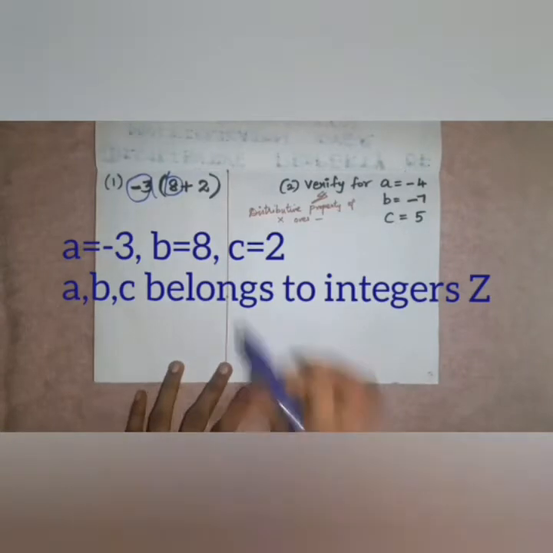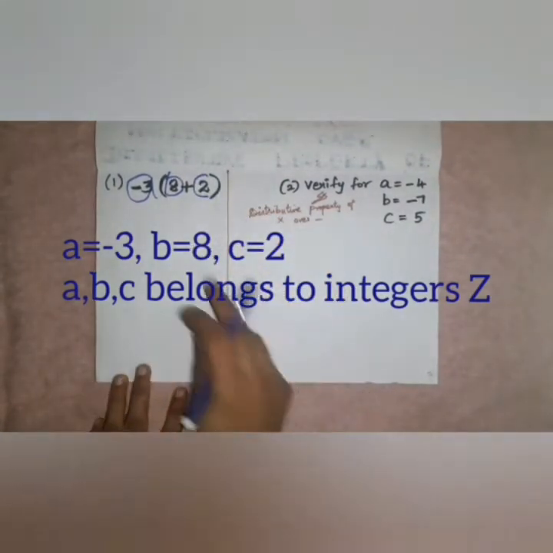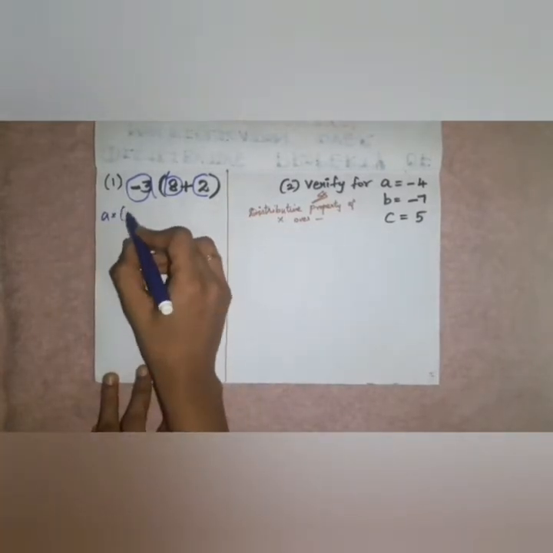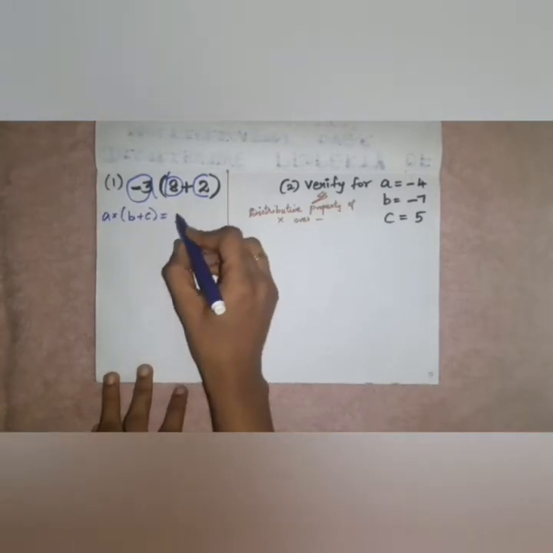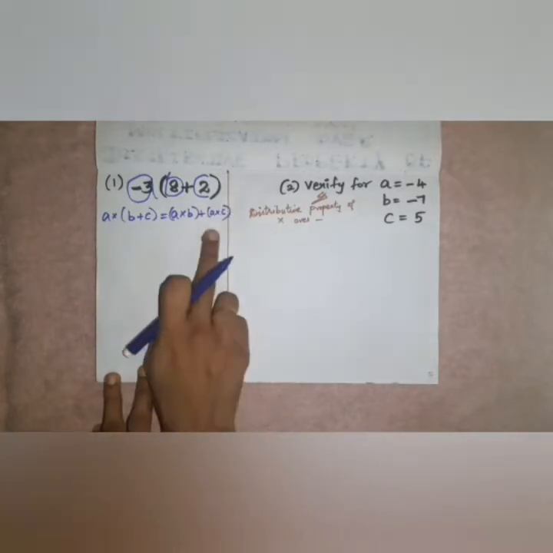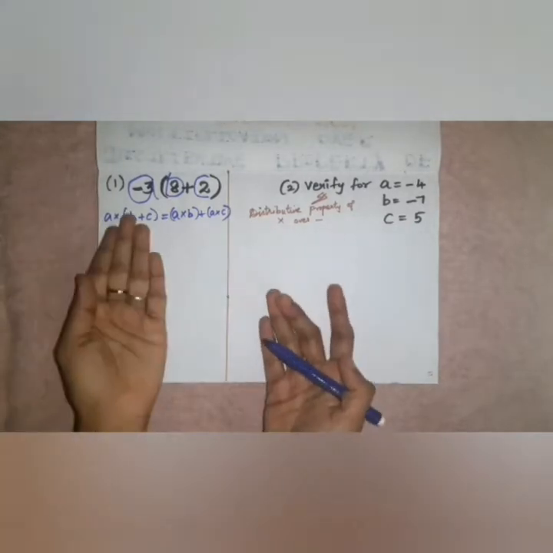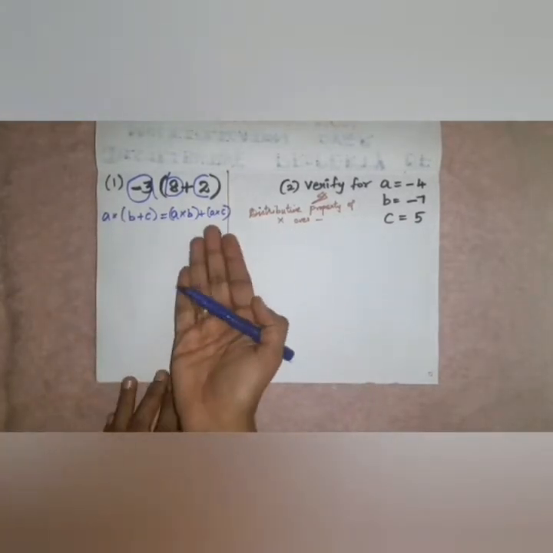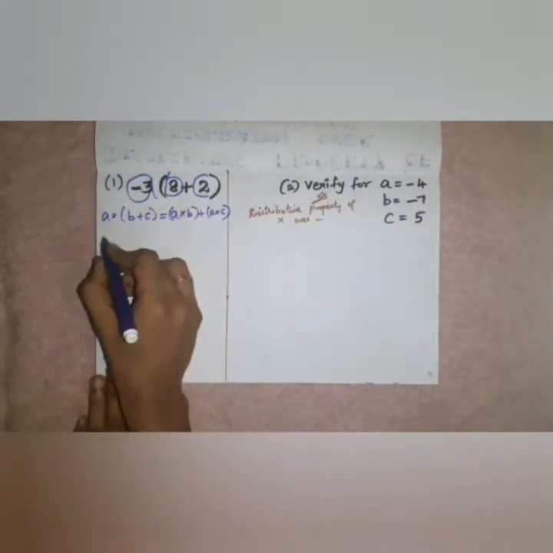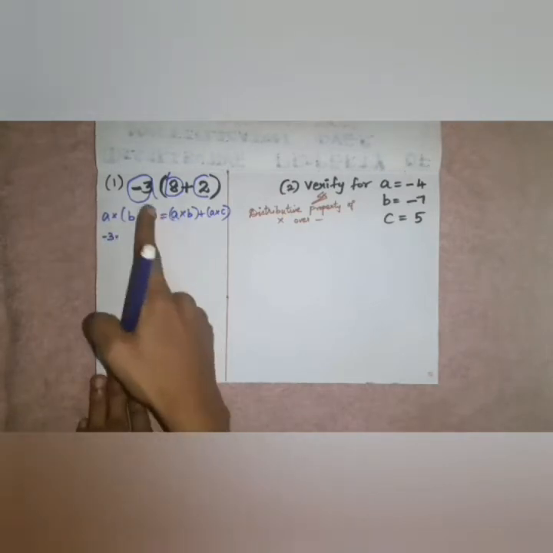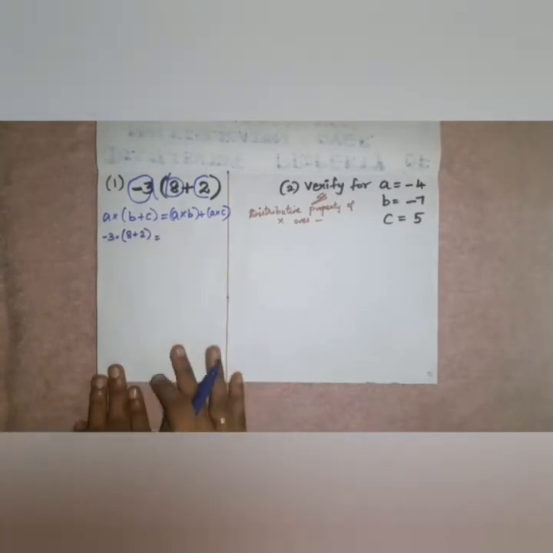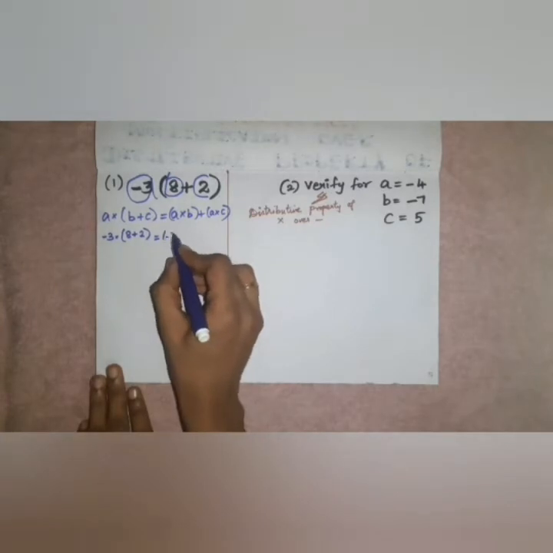So let's see the distributive property: A into (B plus C) is equal to A into B plus A into C. The LHS is given, and we would like to write it in the RHS. A is minus 3, so I write minus 3 into (8 plus 2). It is given.